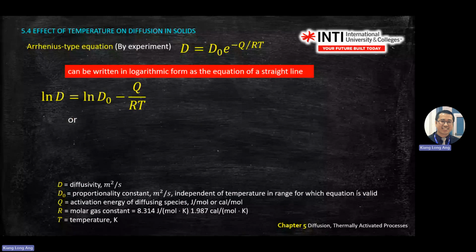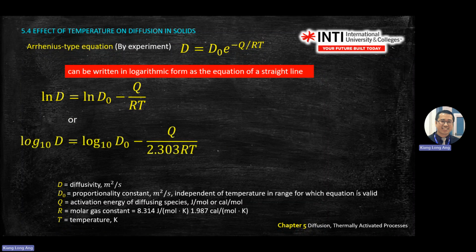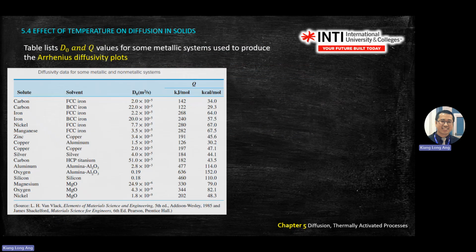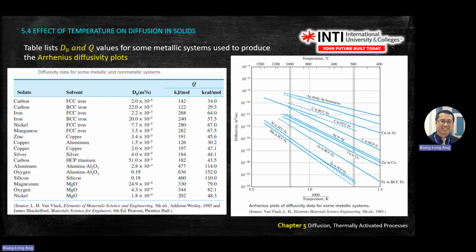So again, everything that you link with the exponential, you can write in a log or ln at the same time. So we read. There's a table that I showed you just now, either in table or in the plot.